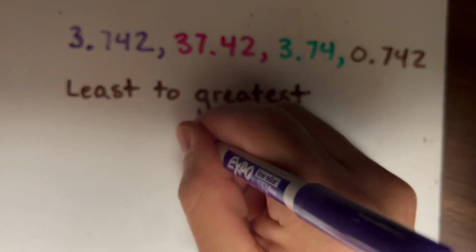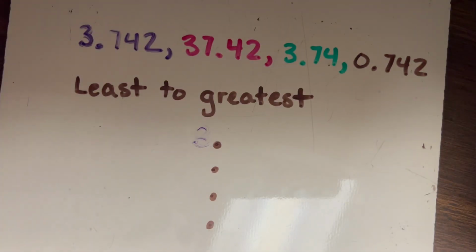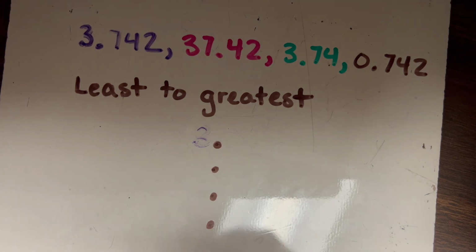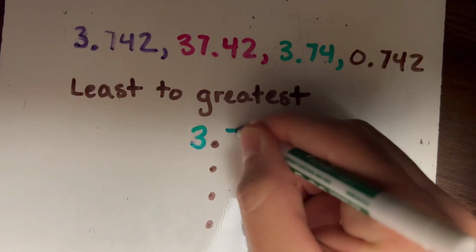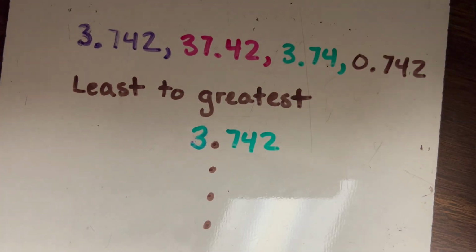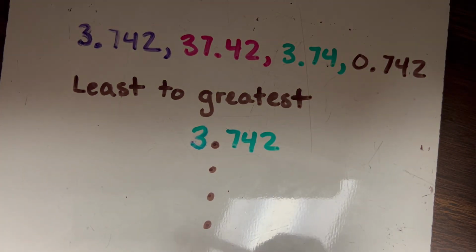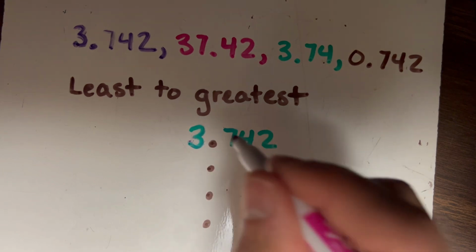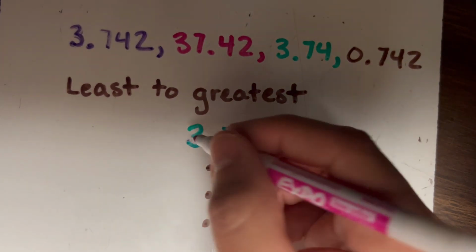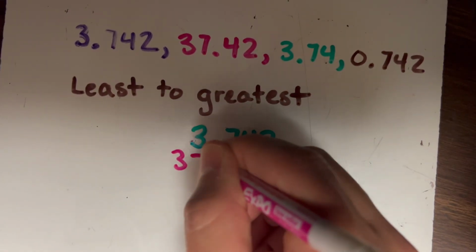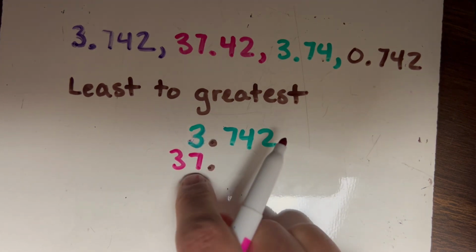So I'm going to write the 3, my marker there again. I was hoping to keep it color coordinated. I'm going to write 3 and 742 thousandths. That's my first number. Now I'm going to write, watch how this one goes. Look at this one. This one's 37, so the 7 and 37 should be in the ones place right underneath here.